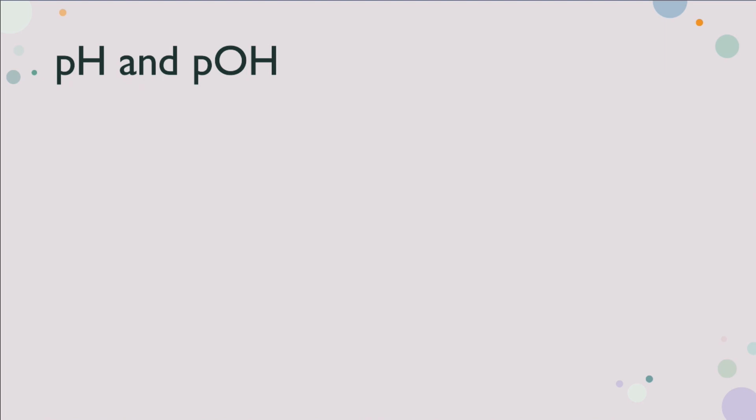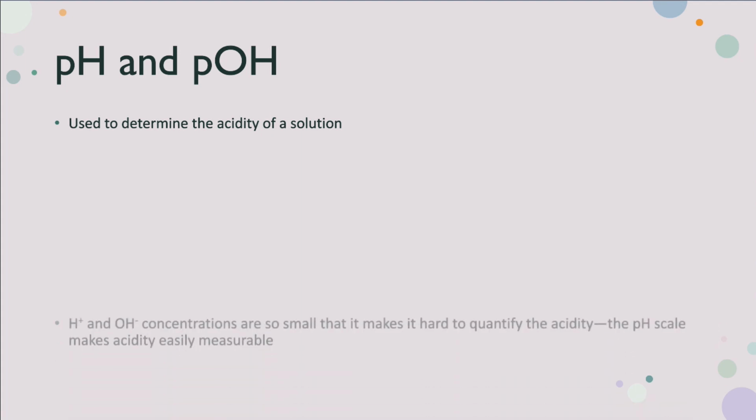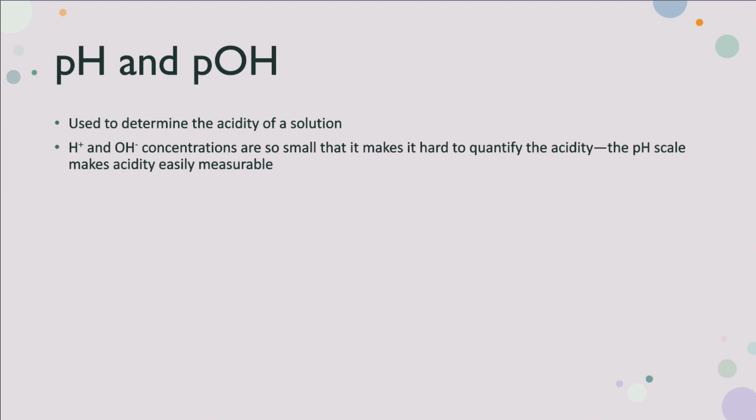So these quantities are used to determine the acidity of a solution, or the basicity, either way. pH and pOH are logarithmic scales. Why are we using a logarithmic scale for this? It's because H plus and OH minus concentrations are super small.